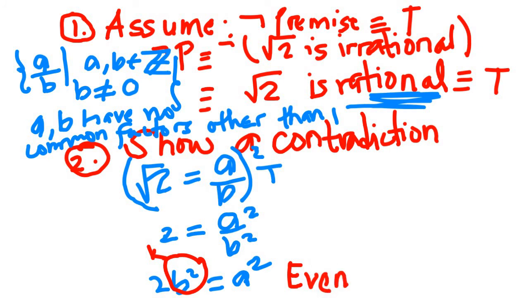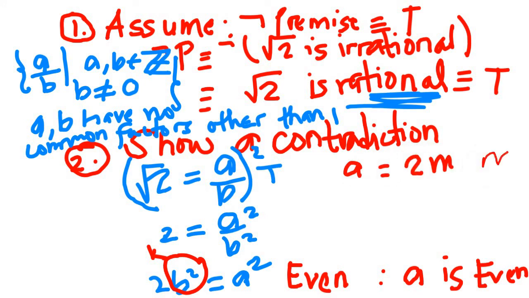And there is a theorem that if a squared is even, then a is also even. So if a is even, we could express a as twice m, where m is an integer.